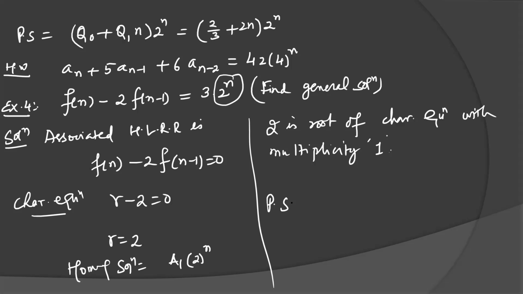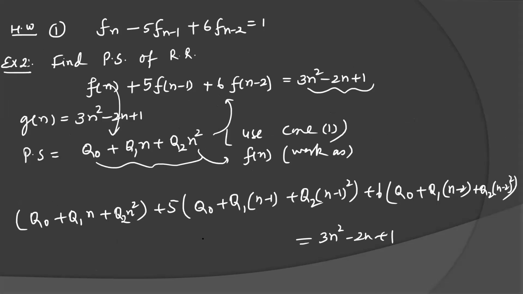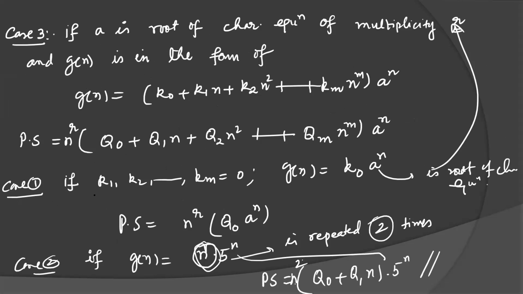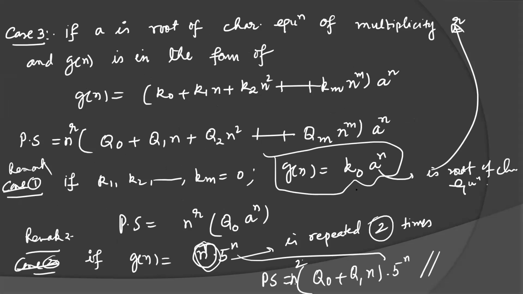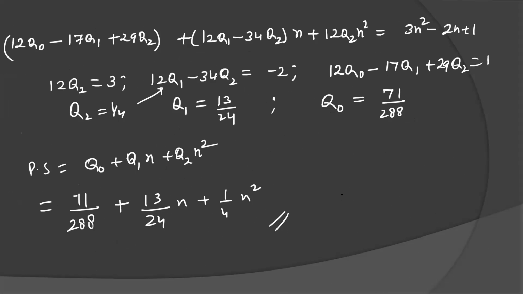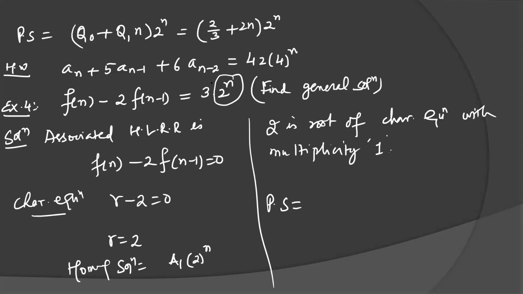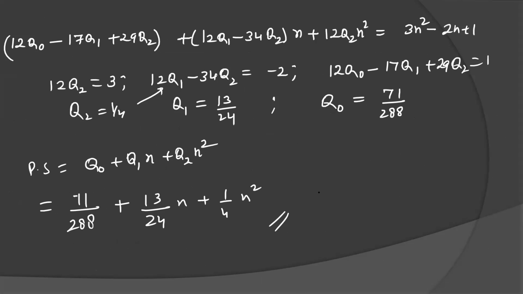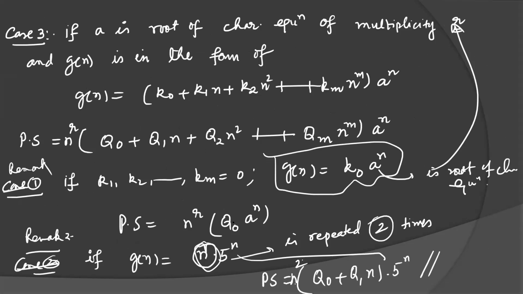So writing the particular solution is a difficult job. Now let's see case 3, and case 3 remark 1, and it is like remark 2. Gn in the form of constant into a to the power n, and a is a root of the characteristic equation. So it looks like a similar problem. The constant is 3 here and 2 to the power n. So the particular solution in that case was n to the power r, q naught, a to the power n.